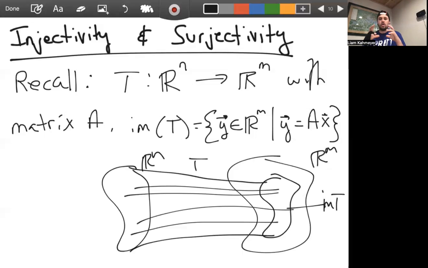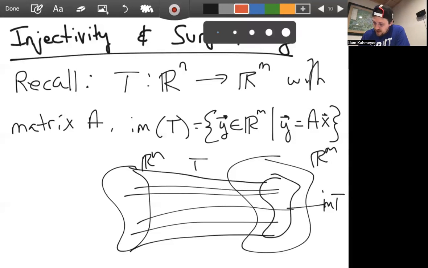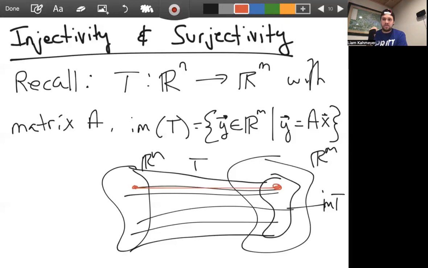Then the image is all of those points that are hit, right? That's why we call it the target. If you want to think about this function as throwing darts from Rn to Rm, well, it picks up a dart in Rn and throws it, and the collection of all the points that darts hit, that's called the image, right? And there may exist points in the codomain that are not in the image.